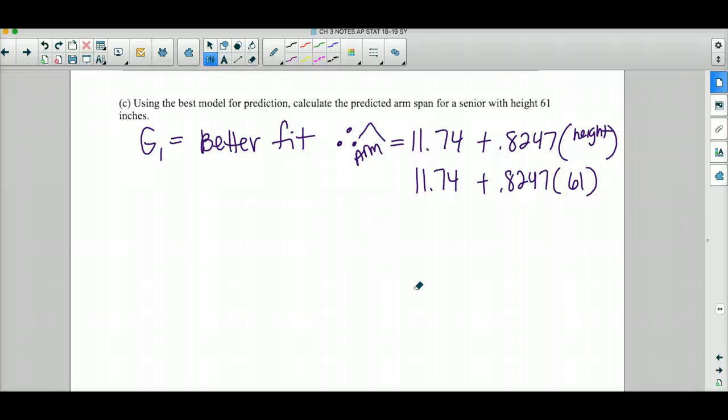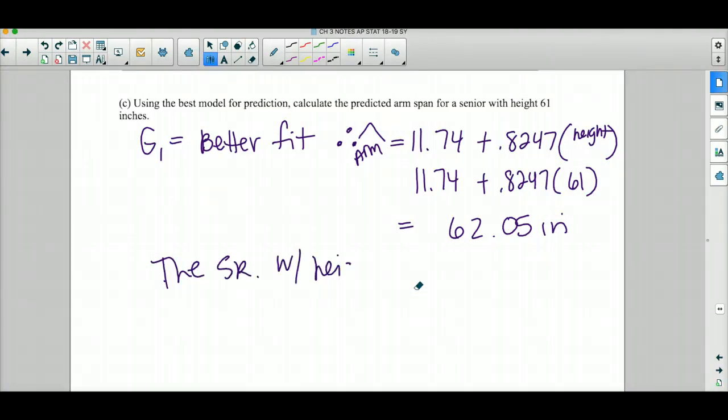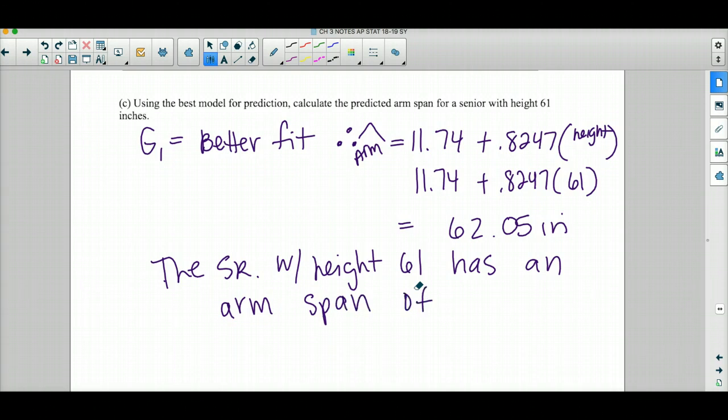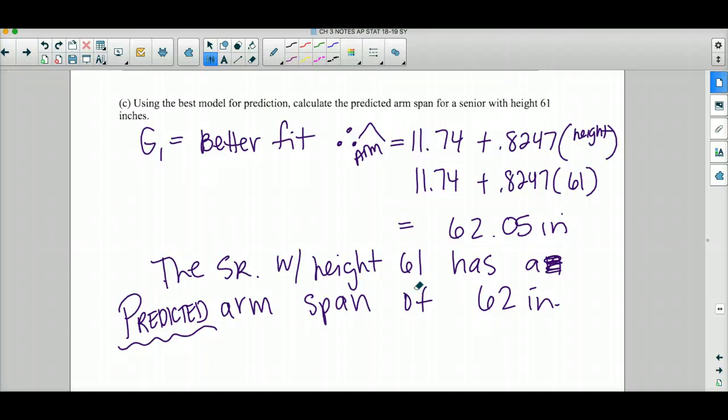So I could just show this work and say 62.05 inches, or I could write a sentence and say the senior with height 61 has a predicted arm span of 62. Are we good? All right, so I'm going to be done.